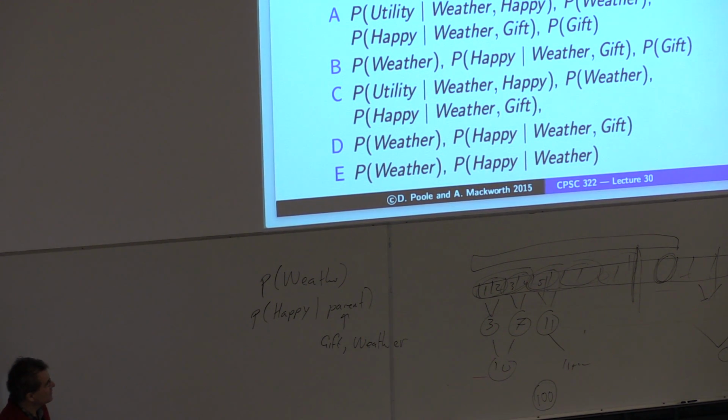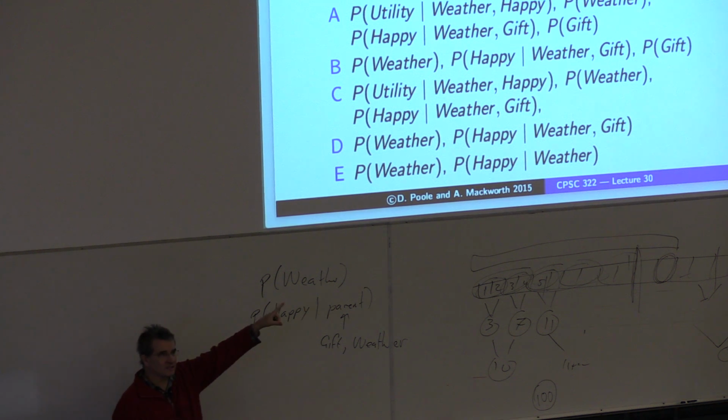There's no probability of utility. There's no probability distribution of utility. Utility is just a function that's going to specify how weather and happy combine to give me a utility.